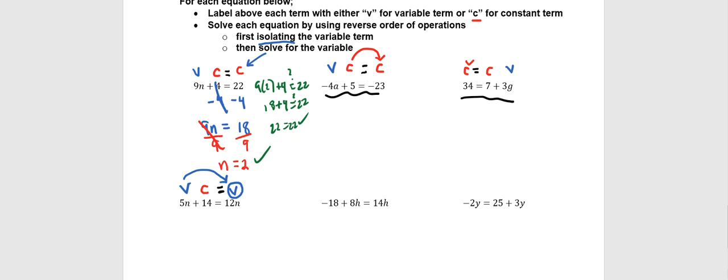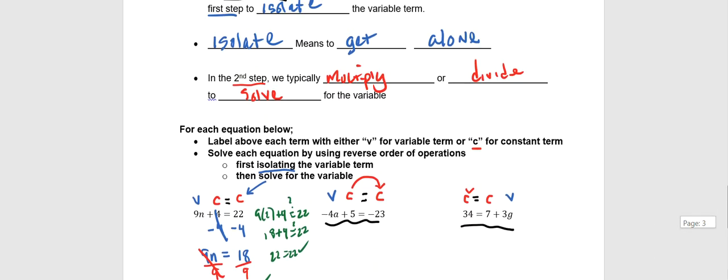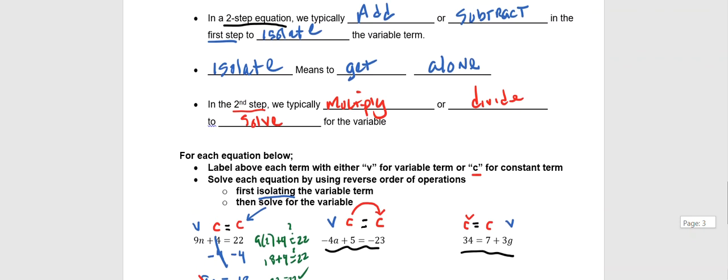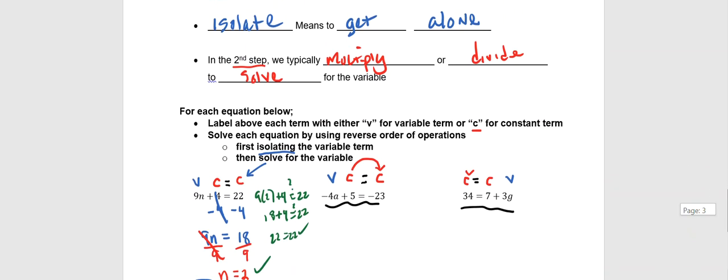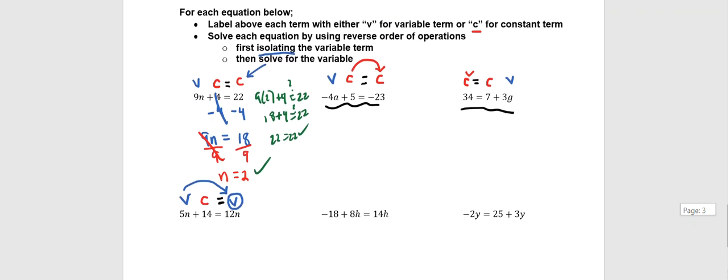So if we go back to the top of our notes, we said that in a one-step equation, typically the first step is to either add or subtract to isolate the variable term. The only thing that's going to be different about this is that we're not going to add or subtract the constant. We're actually going to have to add or subtract the variable term that is not isolated to go join the variable term that is isolated.